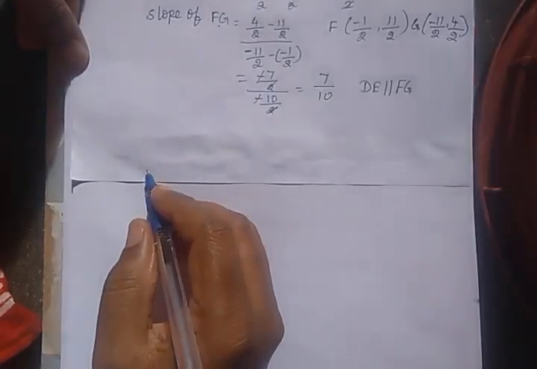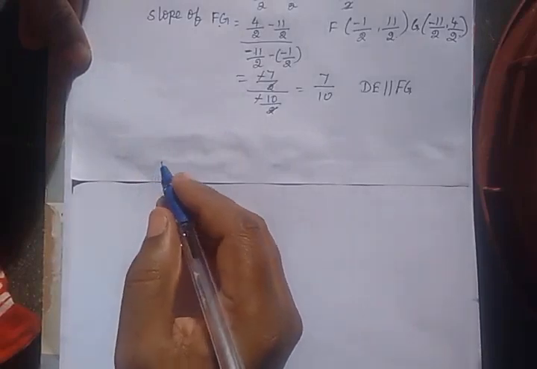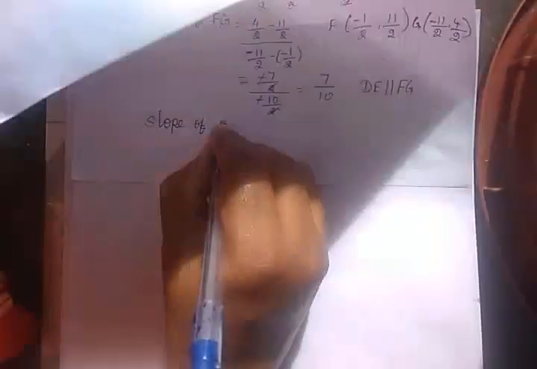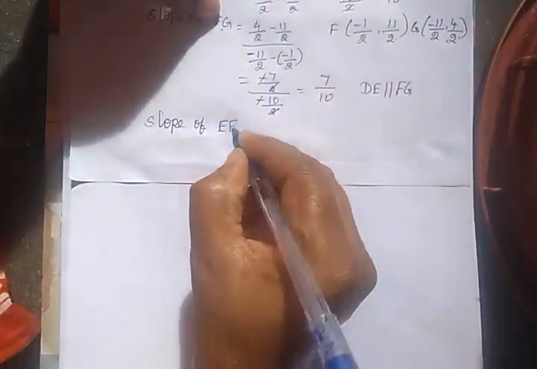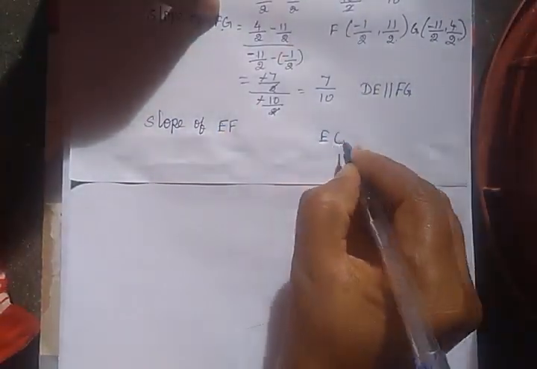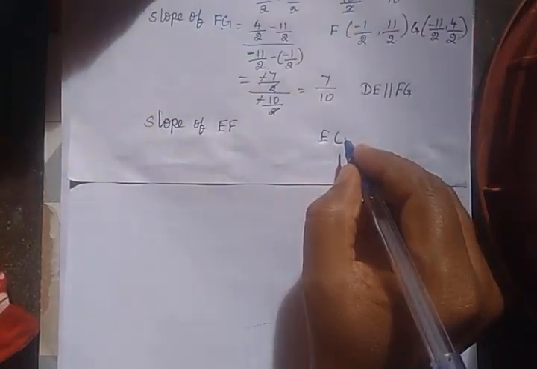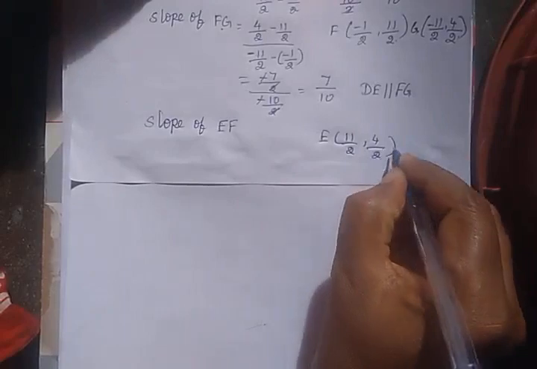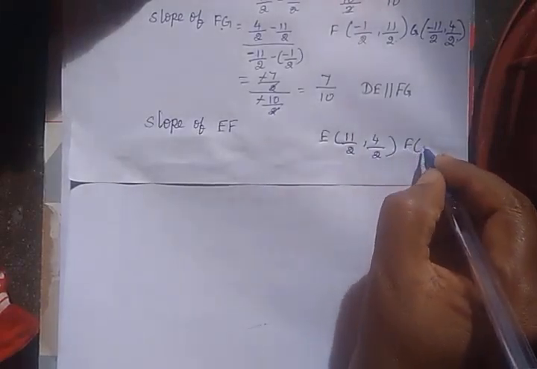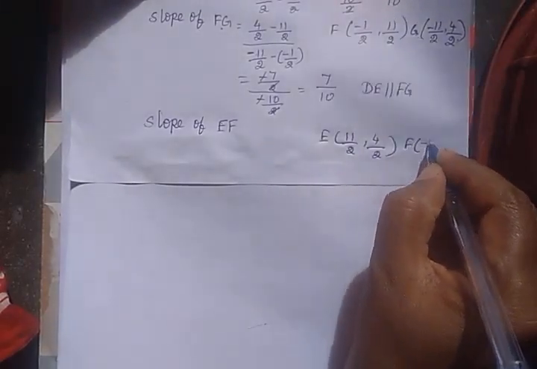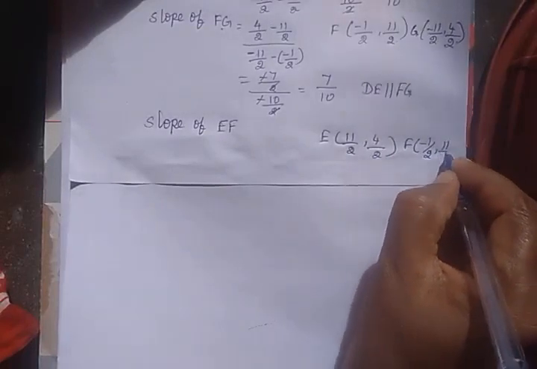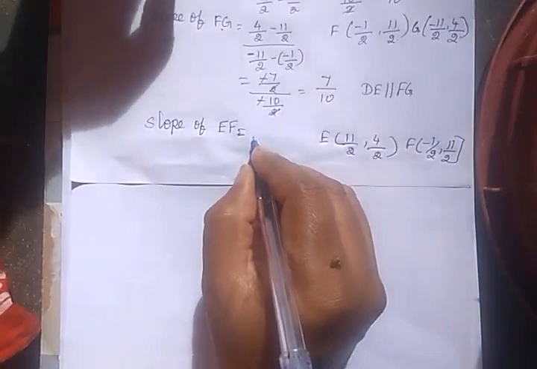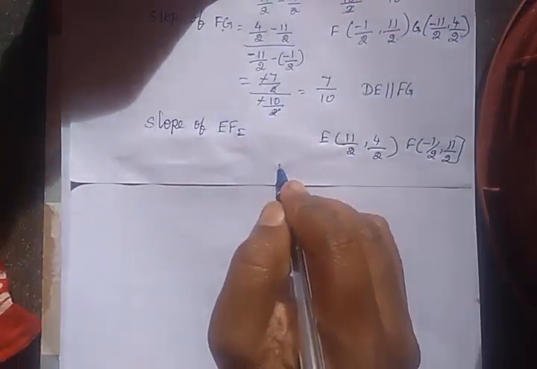The next side is EF, the slope of EF. The point E is 11 by 2 and 4 by 2, and F is minus 1 by 2 and 11 by 2. Substitute in the formula y2 minus y1 by x2 minus x1.